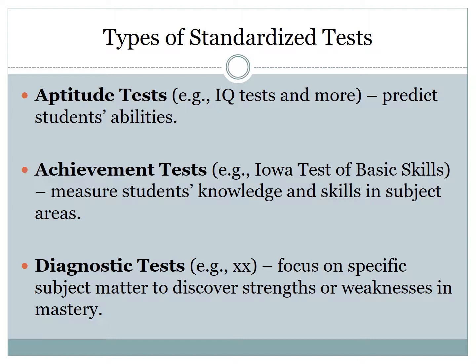So, for example, the Iowa Test has a section on reading and has a section on math, and is designed to measure what they've achieved in those subjects, what they've learned. And finally, diagnostic tests focus on specific subject matter to discover student strengths or weaknesses.